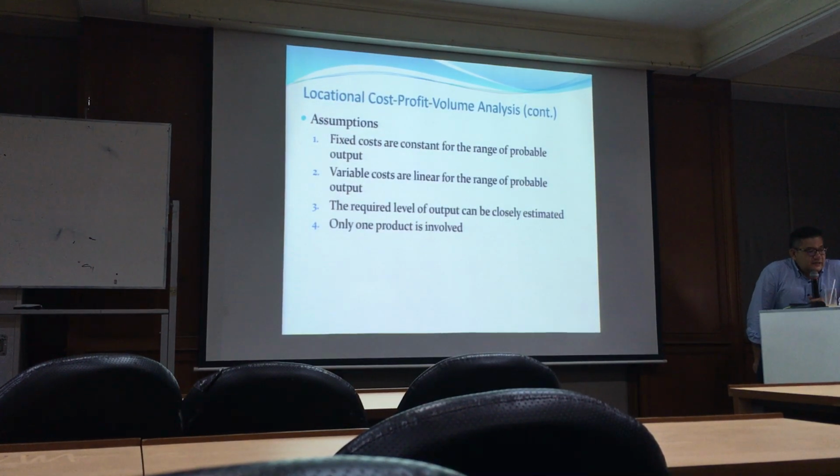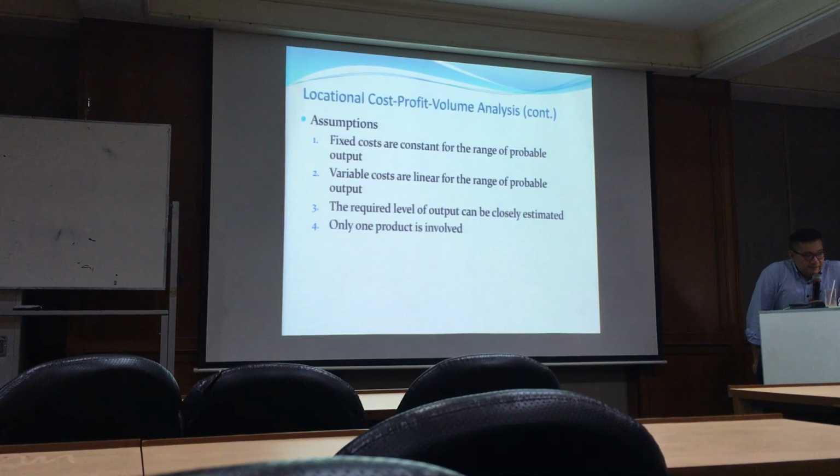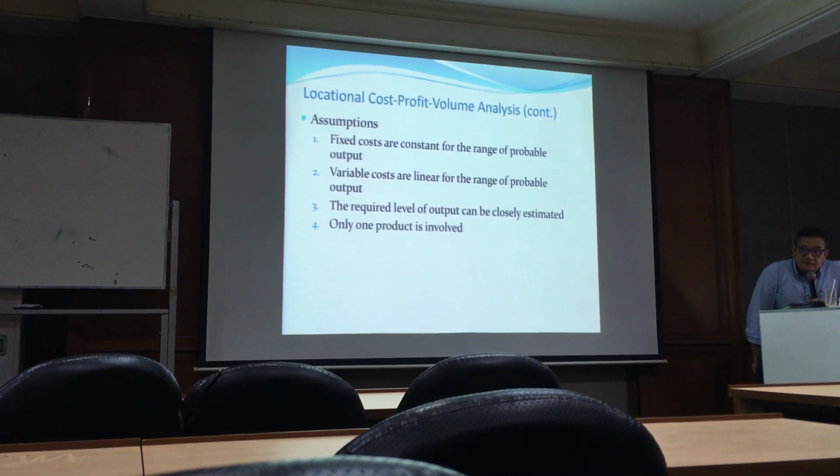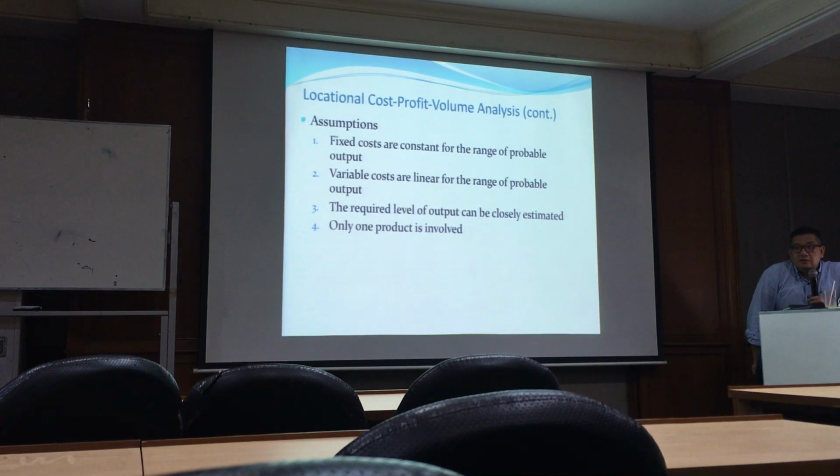And we also have the assumptions for the cost-profit-volume analysis. Fixed costs are constant: no matter what your output is, you have the constant fixed cost. Variable cost is linear and directly related to the output, or the units that you produce.